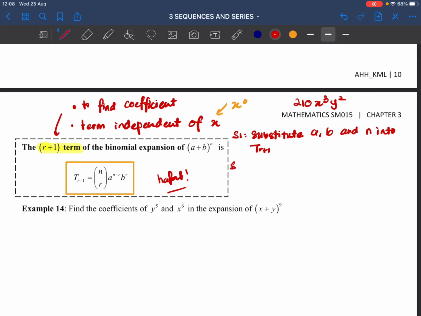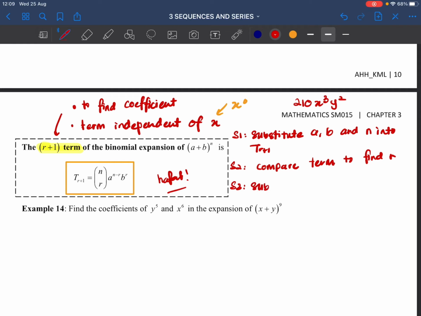So the second step is we have to compare the term. Okay, compare term to find r. Okay, let's say if the question said find the coefficient of y to the power of 5, so you have to compare with y to the power of 5. So the last one is we have our r, because we have already found our r in step 2.